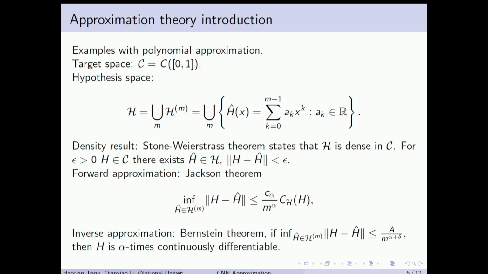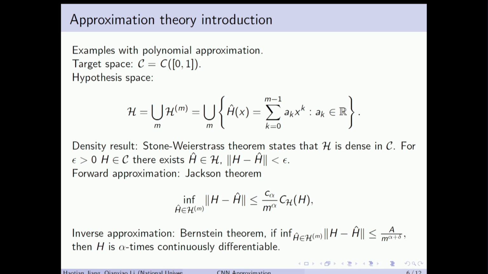To answer this question, we need to consider the inverse approximation. The Bernstein theorem says that if the error, as we increase m, follows this rate, then the target must be alpha-times continuously differentiable. What it means is that if the error decays faster than this, then the target must be smoother.